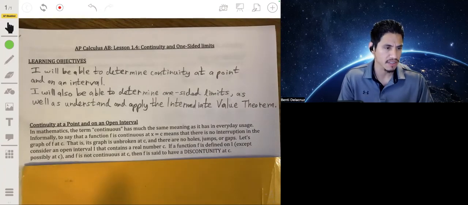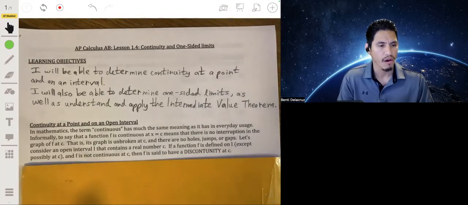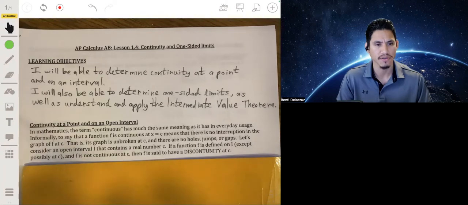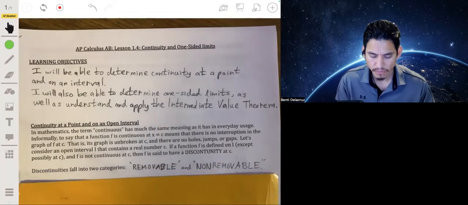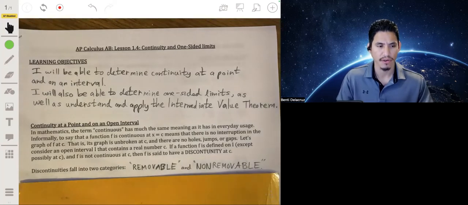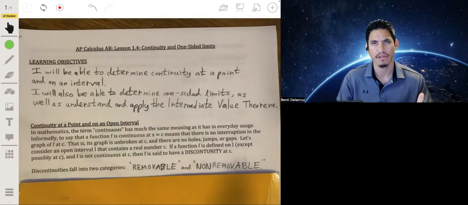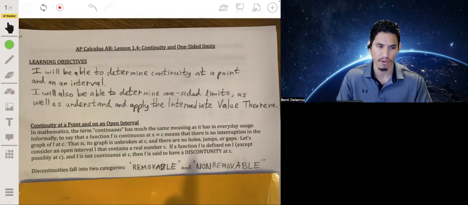Now, when a graph is discontinuous, or when it does have a hole or jump or gap, we say it's discontinuous at some point. Now, there's different ways this can apply. There's two general categories that we distinguish discontinuities. We say they're either removable or non-removable.